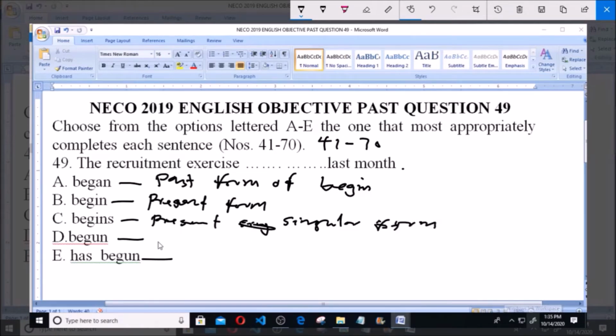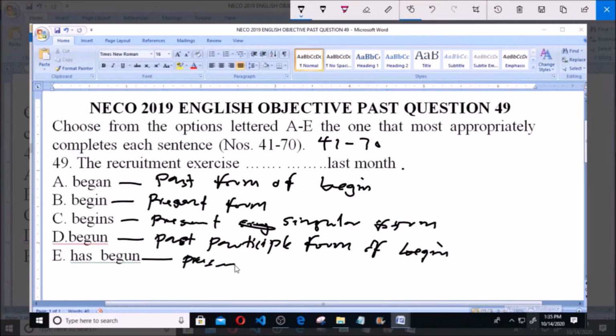Then began is the past participle form of begin, while has begun is the present past participle.